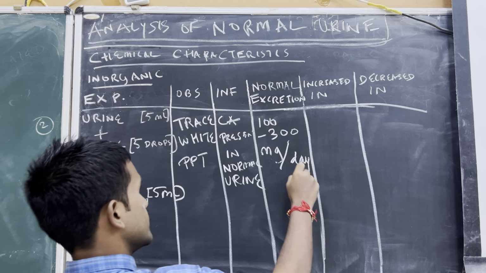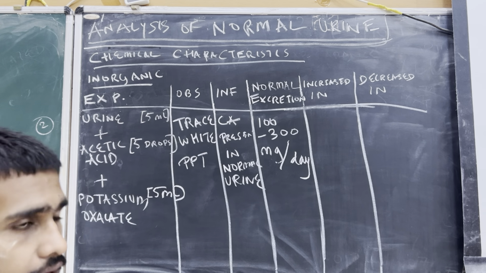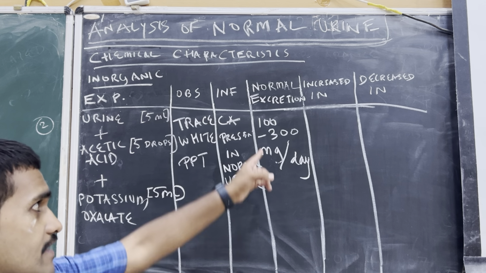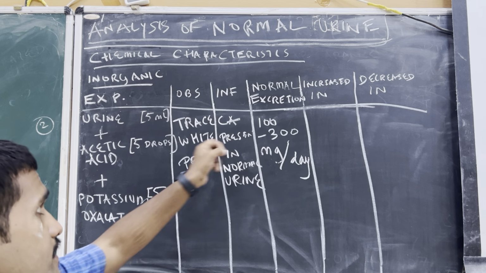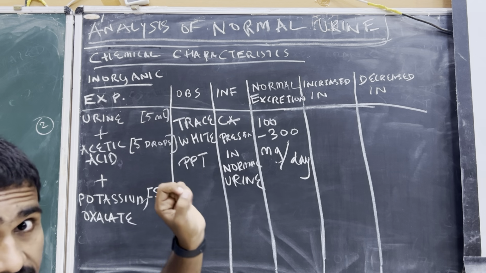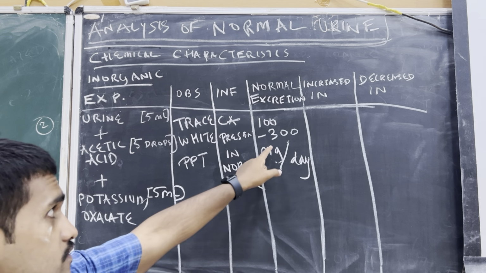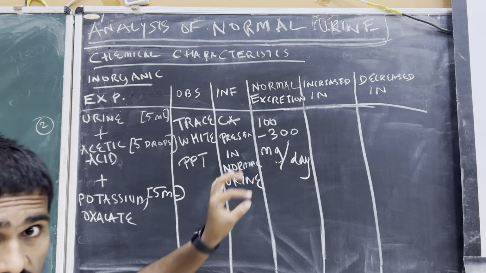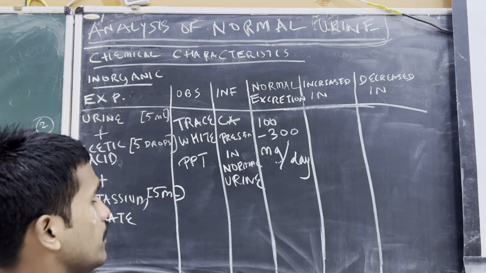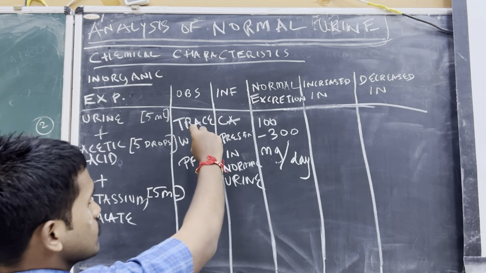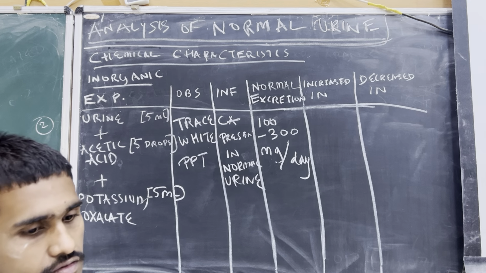Milligrams per day. Not grams, milligrams. And as the amount is so less, that is why the precipitate is trace. If it was more amount, then it would not be trace, it would be a proper white. But as we have very less excretion, so we have a very trace precipitate.